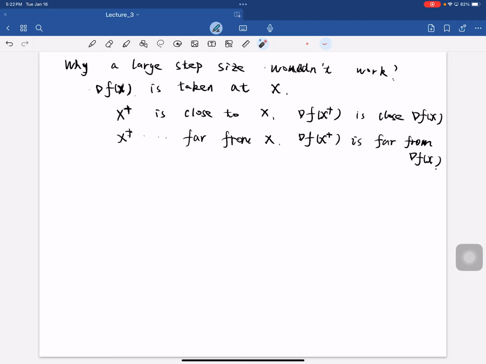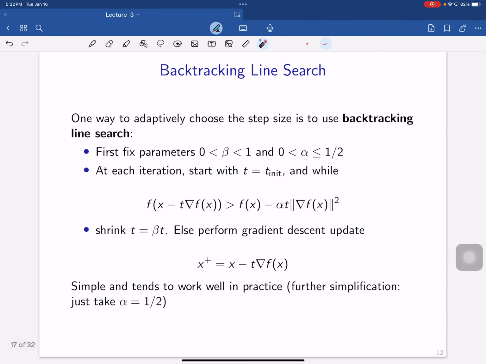Okay, but on the other hand, if you are guaranteed to stay very close to the point x, then the gradient should still be valid, okay? So the line search is using this type of intuition. We have a condition to check if the function has sufficiently decreased, then we know we are fine.